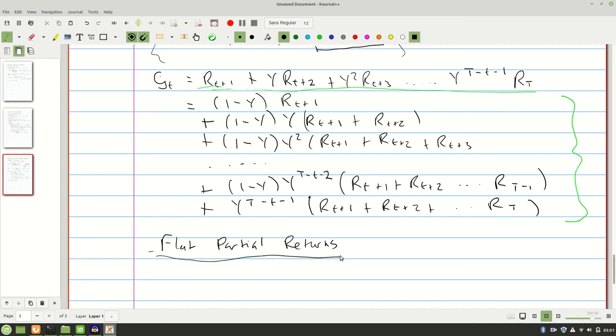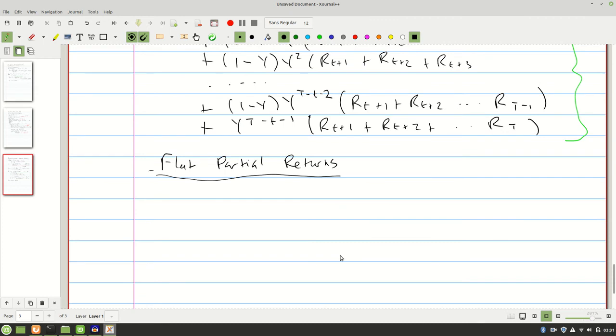So we have these flat partial returns where we define our return G from t up to some time step h to be equal to RT plus 1 plus RT plus 2 and so on, plus RH, where 0 is less than or equal to t, this is less than h, this is less than or equal to some final time step T. So what is this h?